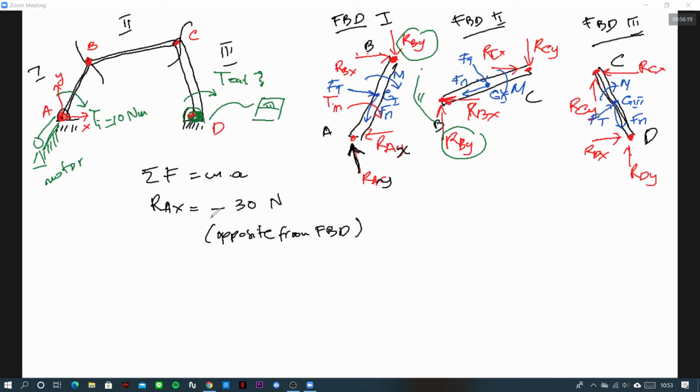Once your calculation says it is negative, your RAX is in the opposite direction, and you can give a note like this: opposite from the free body diagram. Thank you for the questions. Are there any other questions? Just talk directly.